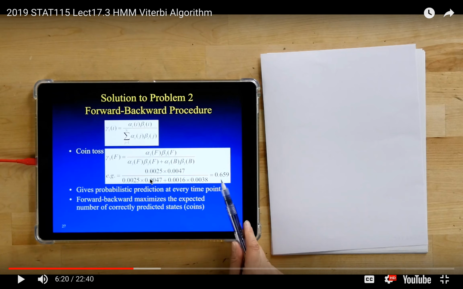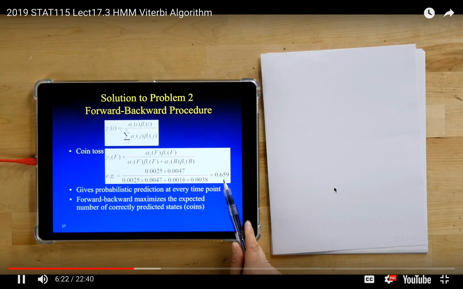And so now, given this specific location, if you already got the gamma for the f, and you observed that it's larger than 0.5, given that you only have 2 hidden states, the reliable prediction might be that I would predict it as a fair coin.